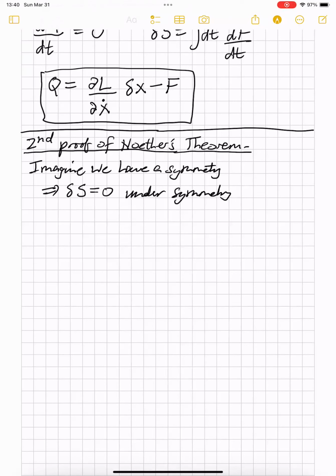If you perform the symmetry transformation on the fields and evaluate the new value for the action, it will be the same as the original value for the action. Now I'm going to imagine doing an infinitesimal transformation.